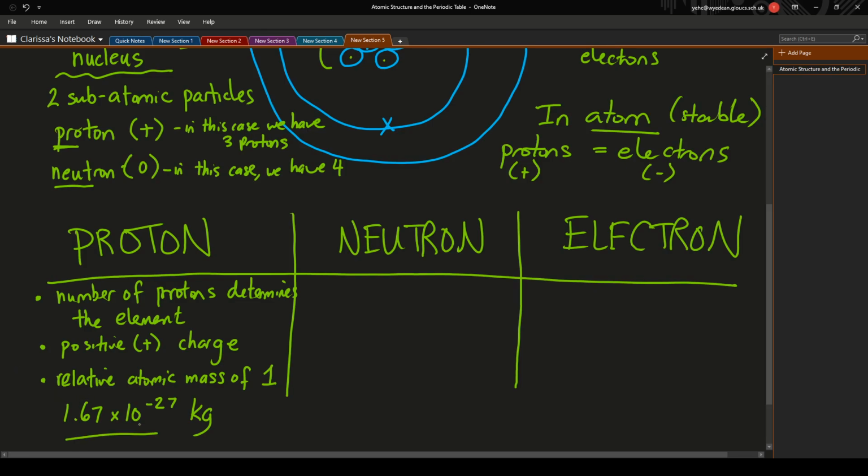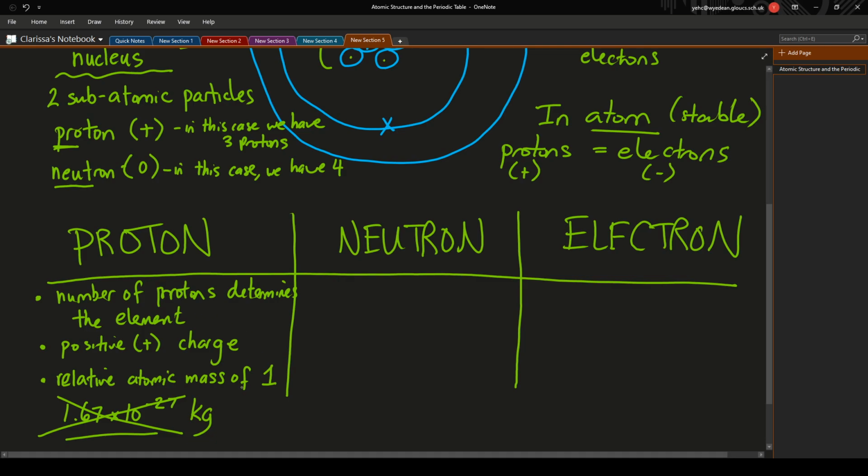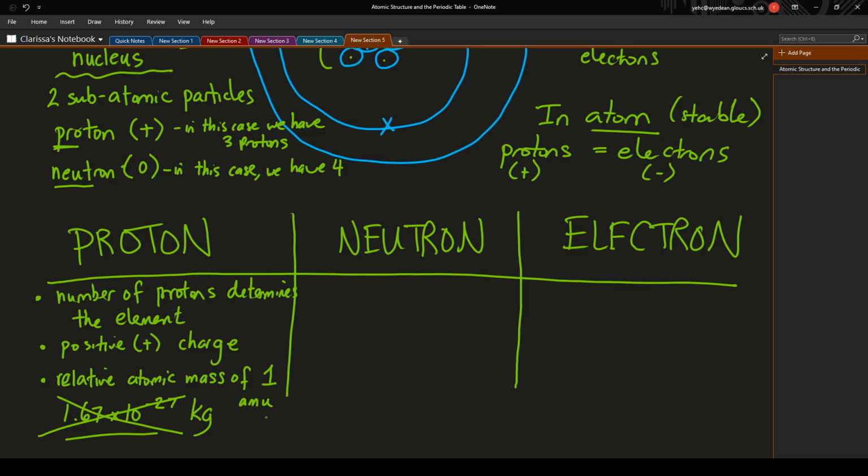So we're saying, right, scratch that. We're not going to use its proper mass in kilograms. We're going to make a new unit that basically just compares our subatomic particles to each other. So we've decided the proton has a mass of 1. That new unit is called AMU. We're going to drop kilograms because if we work in kilograms, we're going to get these crazy numbers.